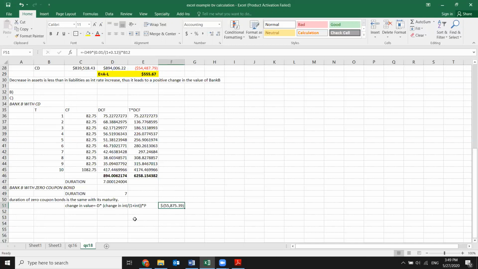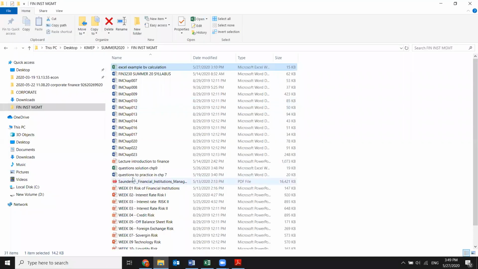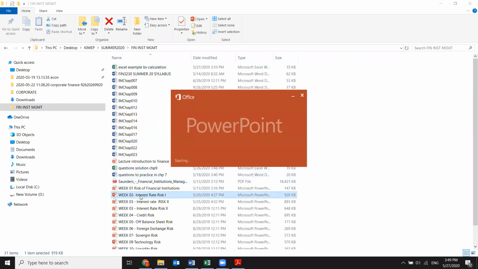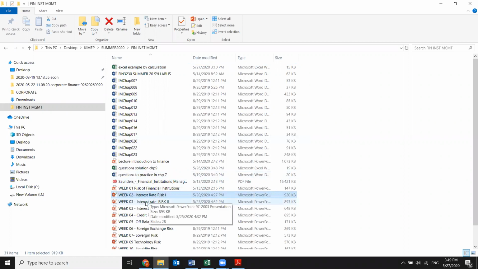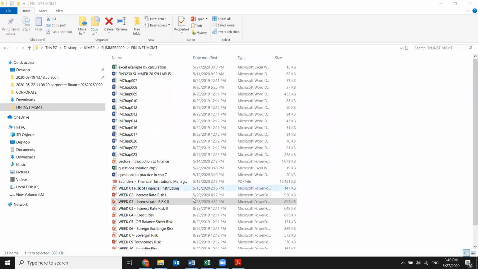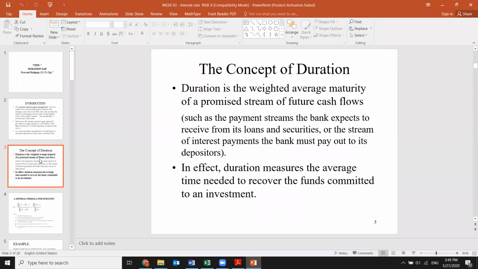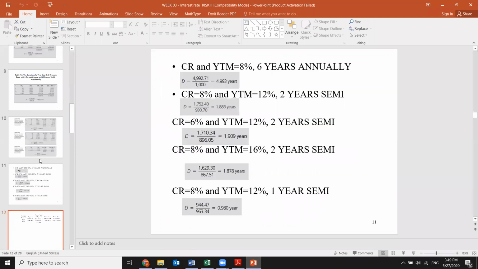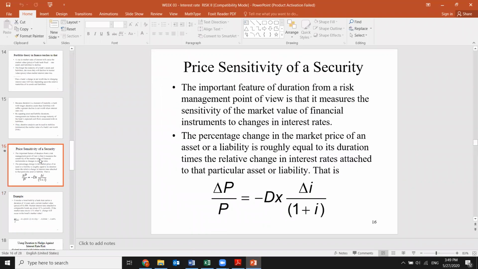That's very true. If you remember from the slides, let me show you again to remind you. I'm opening the interest rate risk section. The formula that we were using is this one.